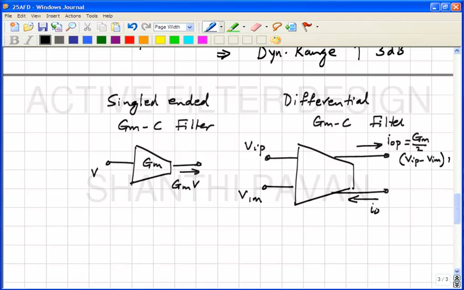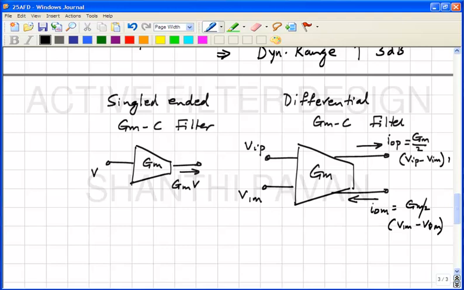And this is IOM, which is GM by 2 into VIM minus VOM. All right.